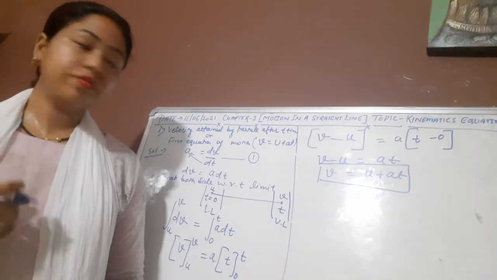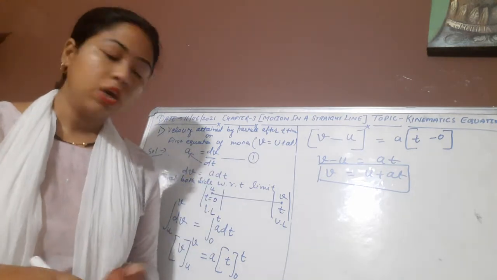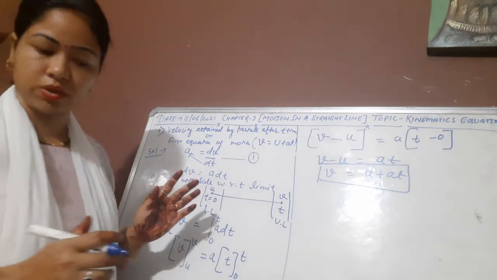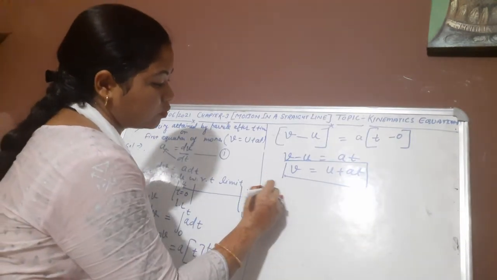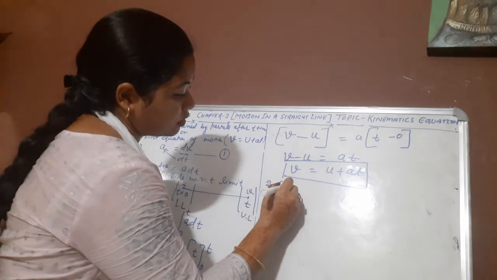So with the help of these rules of differentiation and integration, we can solve the other two equations also. This is the first equation of motion, right? Now we will solve the second equation of motion, that is the displacement of the particle after time t.